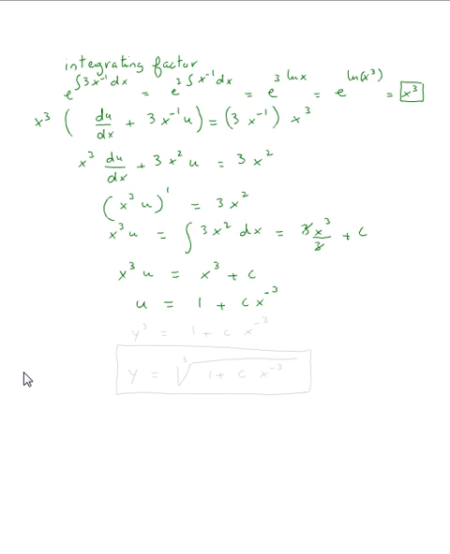Now remember the u is what? We're looking for y. Look at the back, we said the u is y cubed. So y cubed is equal to 1 plus c x^(-3). Therefore y is the cube root of 1 plus c x^(-3). And that would be our final general solution. And that's it for this example.